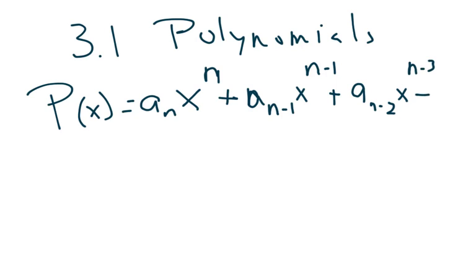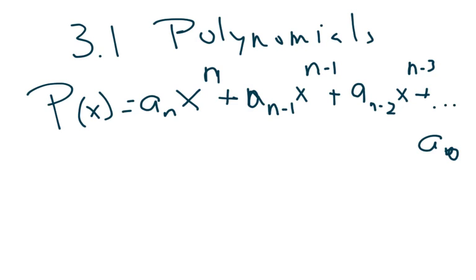And then we go with the plus dot dot dot, which means we can go on as long as we want. And then we're going to end with a sub 0. There's some number at the end that doesn't have an x. That's just our constant at the end.